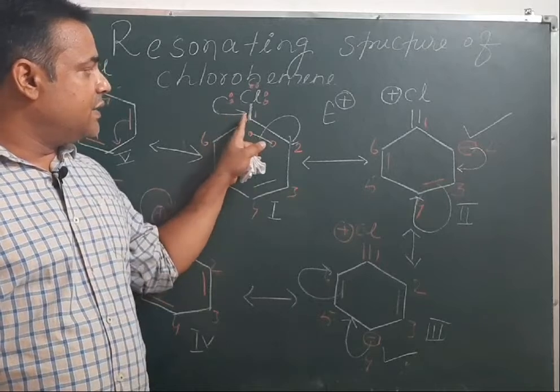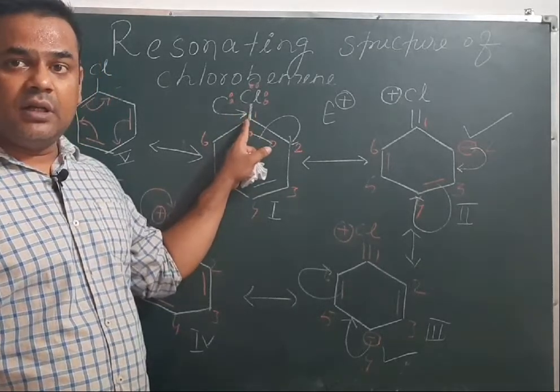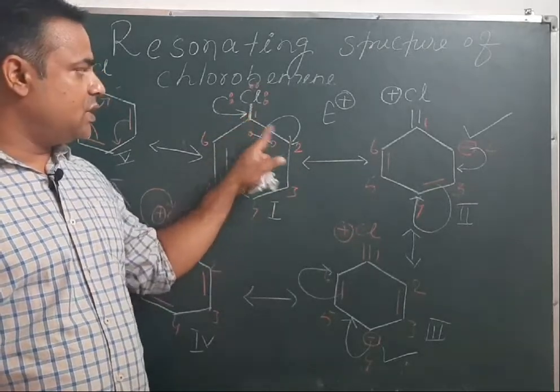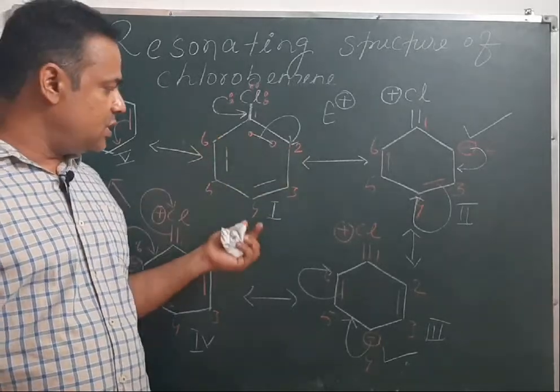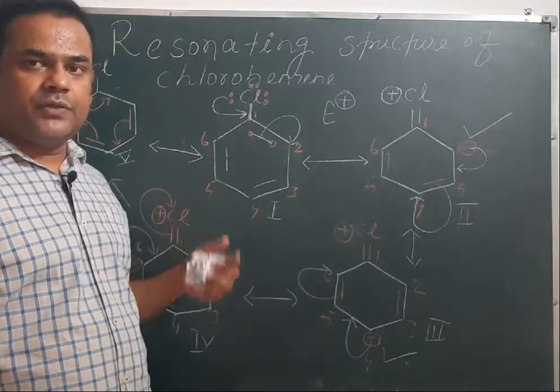Then with respect to that carbon atom where the functional group is attached, we give a specific number to the carbon atoms, like here I have given, this is 1, 2, 3, 4, 5, 6. So 2 and 6 is called ortho position, 4 is called para position, 3 and 5 is called meta position.